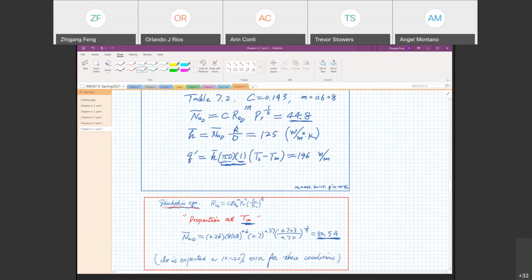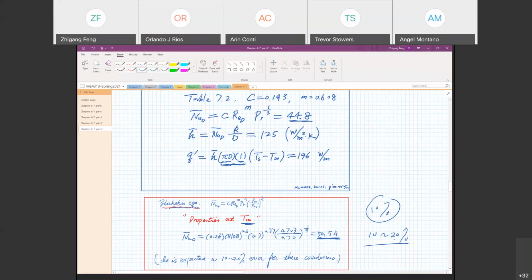So the difference is about 5. Five divided by 50, that's about a 10% difference. So this is something we expect for this correlation. The error involved is typically around 10%, or sometimes it can be as high as 20%.